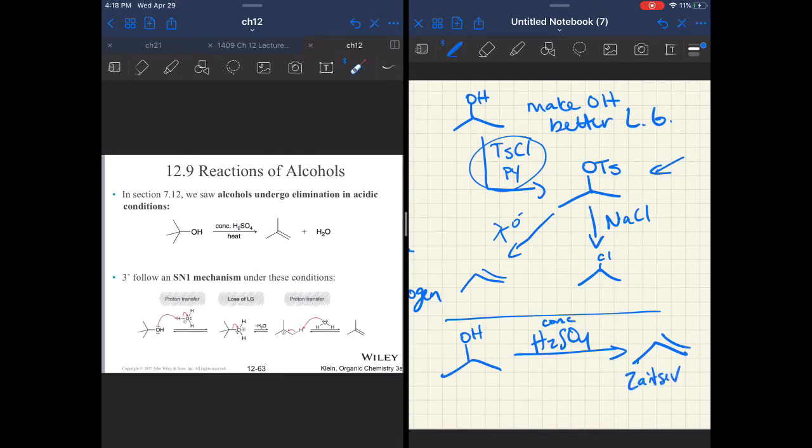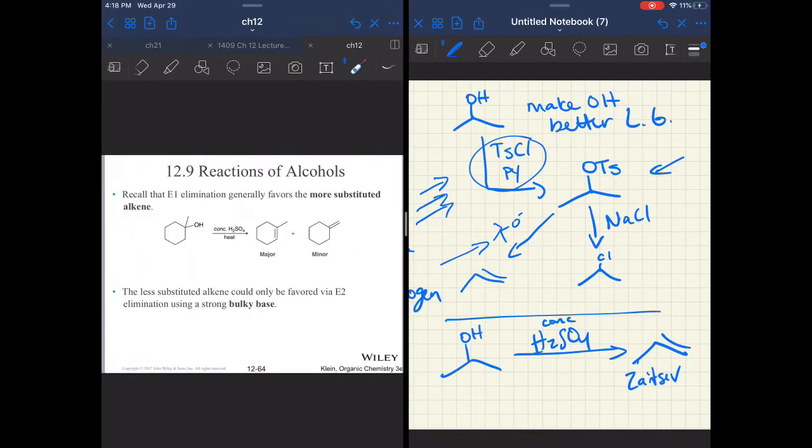So if you do want a Hofmann product, you need to use the tosyl chloride and the bulky base. So you do have options for elimination. If it's a Zaitsev elimination, though, this H2SO4 certainly works. You have already done this mechanism, so we're going to keep going. There's the elimination.